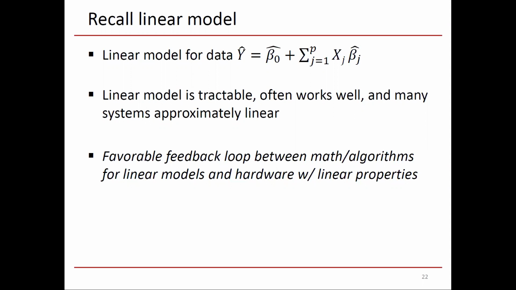There are hardware designers who try to design hardware that's approximately linear, because then the outputs of the hardware, what it measures, can be processed by these linear styles of math and algorithms. So because we know how to do linear processing well, we build more and more systems that are close to linear.